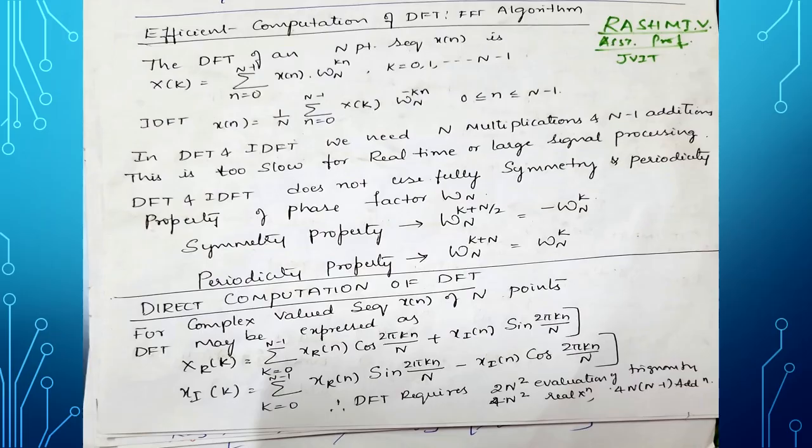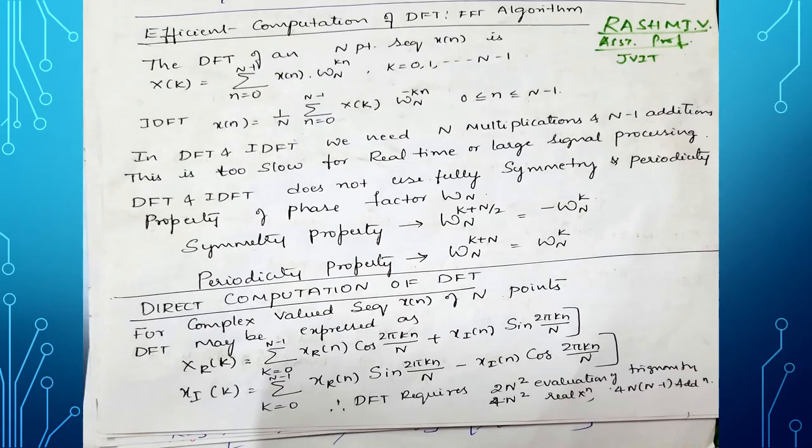And also DFT will not consider very minute sampling. The large signal will be computed block-wise. Each signal will be divided into very small blocks of even and odd samples.